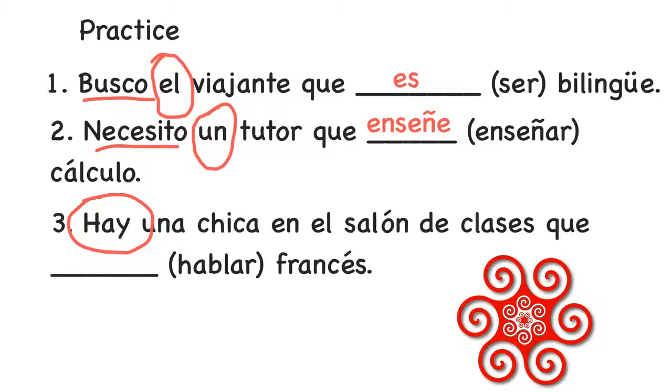It doesn't matter that the noun chica is accompanied by an indefinite article. As long as we have hay, there is a girl, we know that she exists. Therefore, we're going to conjugate it how? In the indicative. Hay una chica en el salón de clases que habla francés.